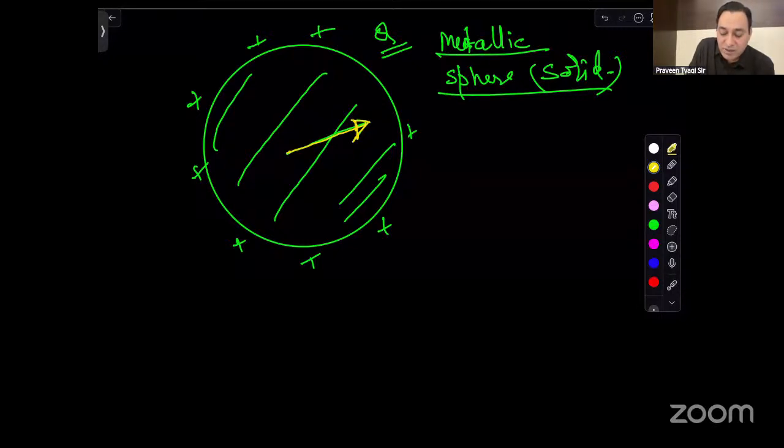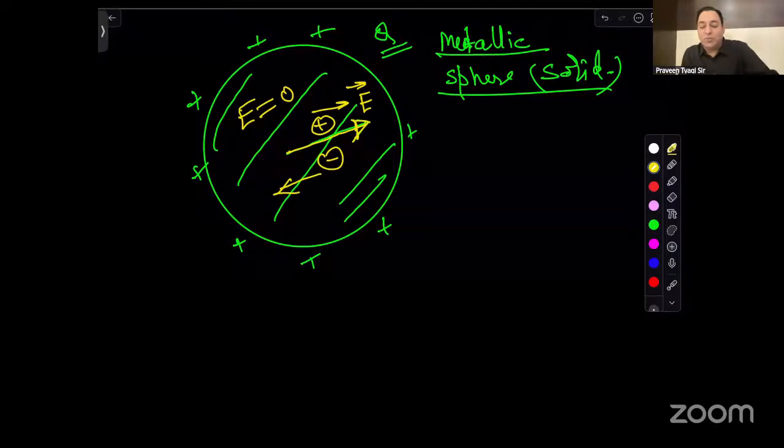If they are positive charges, they will move in the direction of the electric field. If they are negative charges, they'll move opposite to the electric field. So they will keep moving till the whole charge comes to the outer surface and the electric field inside is 0, and they will repel each other.